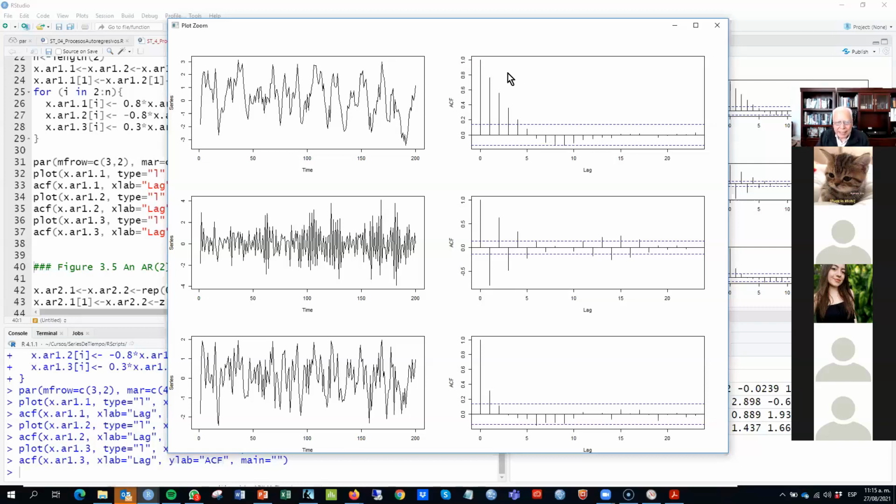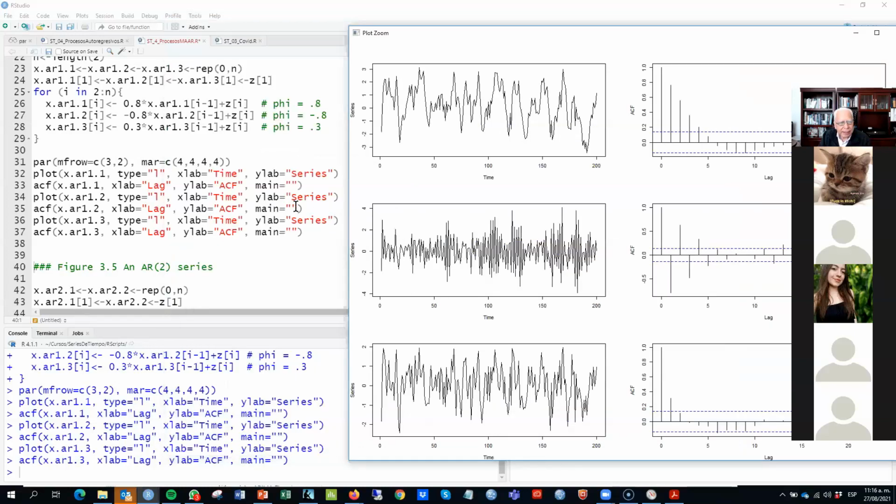You can see that in all cases, the autocorrelation function decays quickly. In this case, it's alternating sign because phi 1 was negative. Let me put this aside.